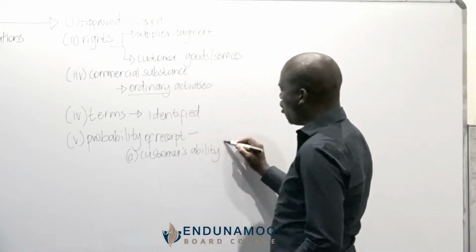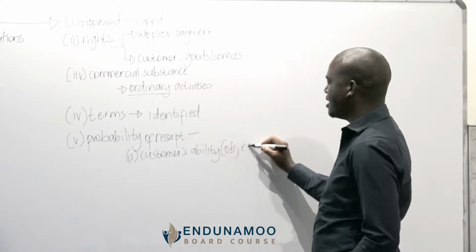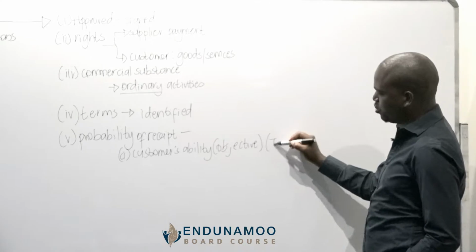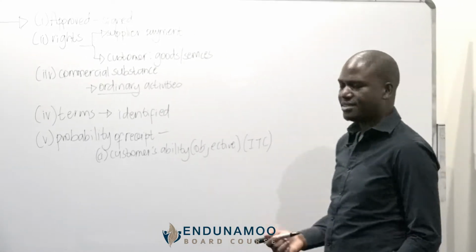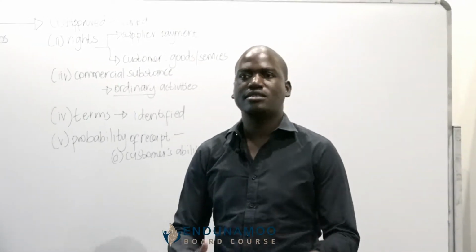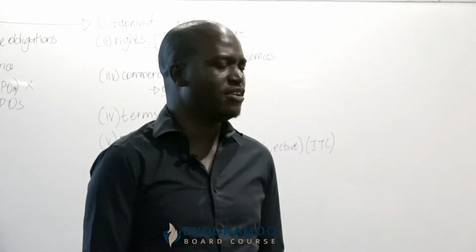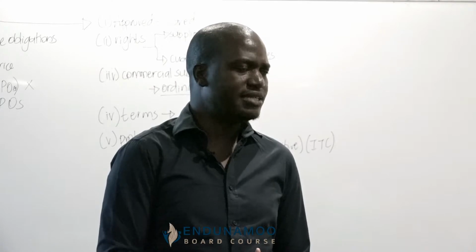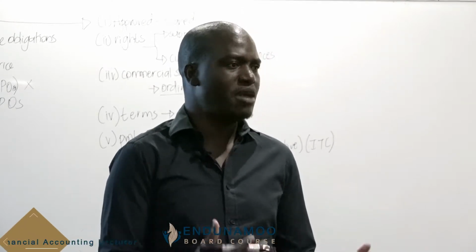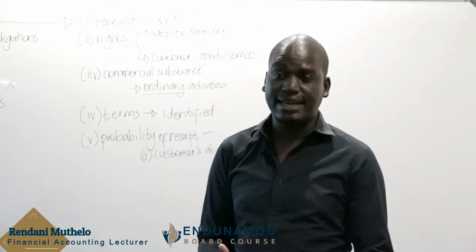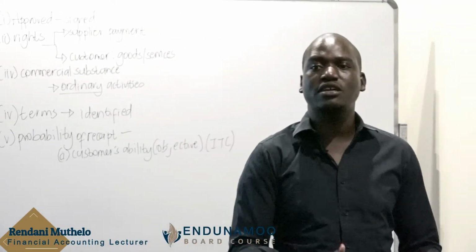And this is more of an objective exercise. So this is where we probably do an ITC check and see whether the customer is probably blacklisted. If the customer is blacklisted, we can actually argue that probably the customer is unable to do what? To make payment or has the ability to make payments under the contract. Or probably they can tell us that the customer is actually making losses.